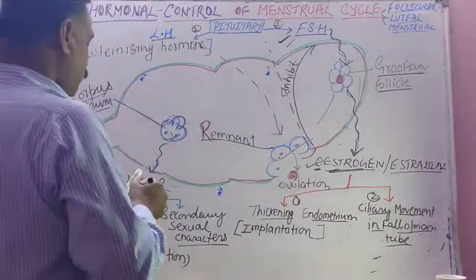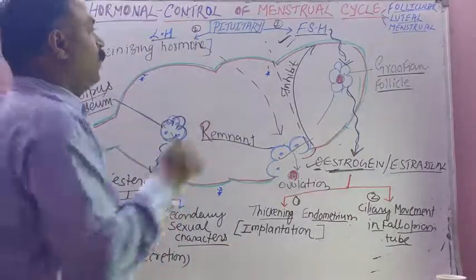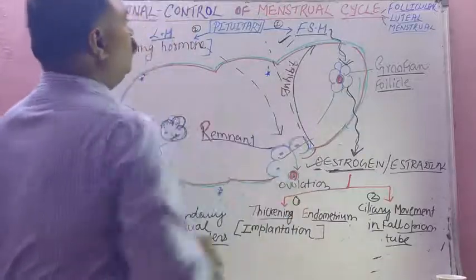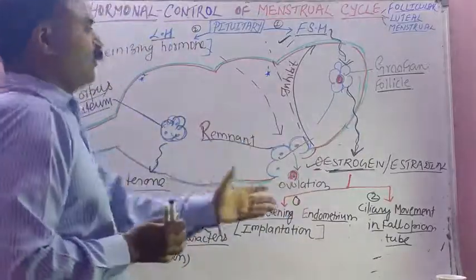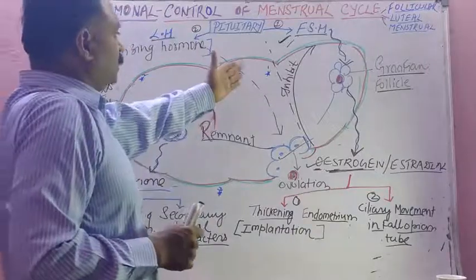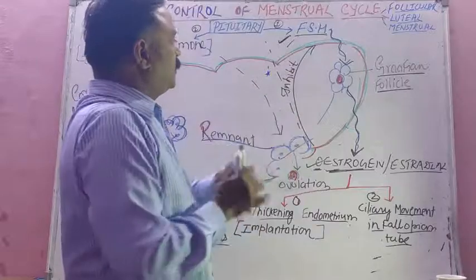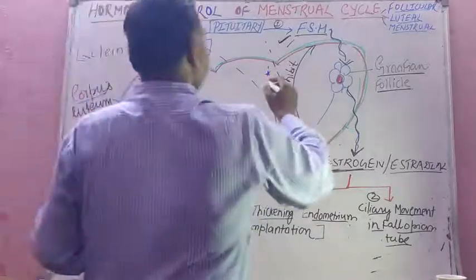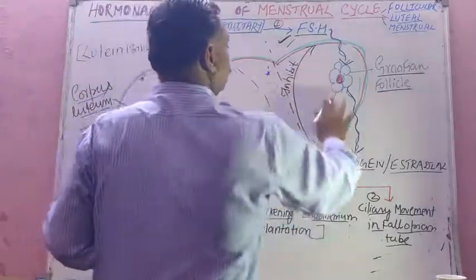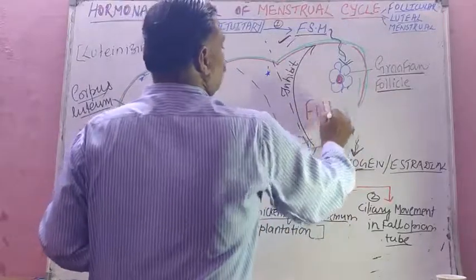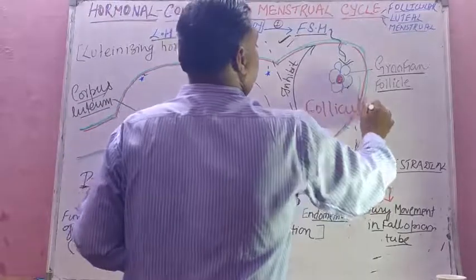So all this is the hormonal control of the menstrual cycle. Now in this I will tell you again all three phases of the menstrual cycle. This follicle stimulating hormone covers the follicular phase. We can label it as the first phase, the follicular phase.